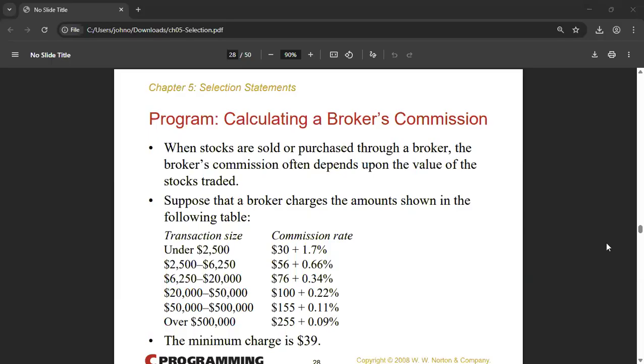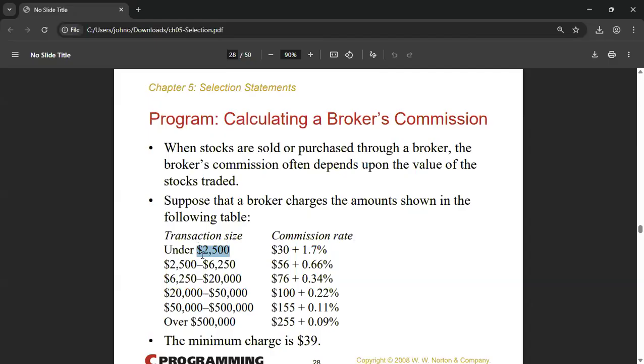Okay, so we want to evaluate the example of a stockbroker. When stocks are sold or purchased through a broker, the broker gets a commission. The commission depends on how much stock was traded. So let's assume the stockbroker does this: if you sell or buy below 2,500, there's a fixed amount of $30 plus 1.7% of the amount.